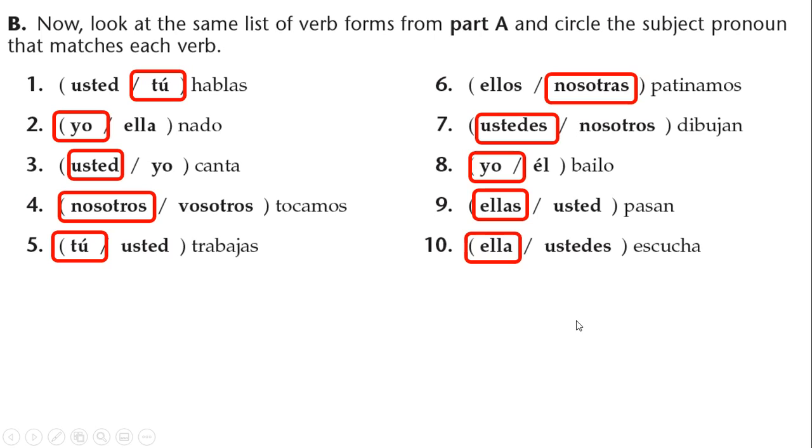Now, something that some people mess up every year is the O and the A ending. We have talked about nouns being masculine and feminine, and masculine ends in O, feminine ends in A. However, these are verbs, not nouns. They follow different rules. So it would be kind of hard to play football using a tennis ball. Right?